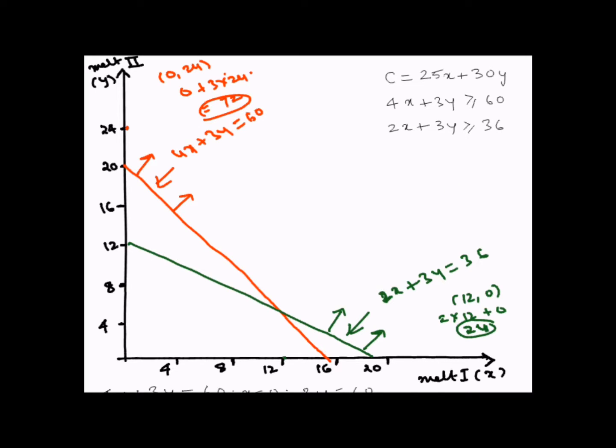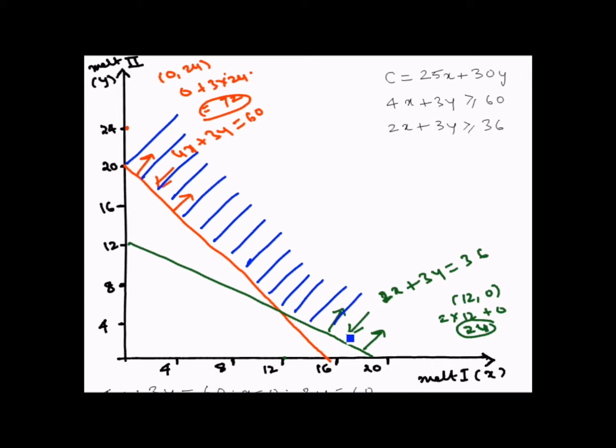Now after plotting both the constraints, let us find out the feasible solution region. As you can note, this region here above these two lines is the feasible solution region. So the area that is on this side would represent the feasible solution region.